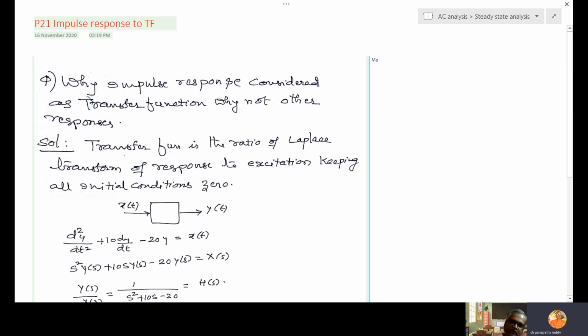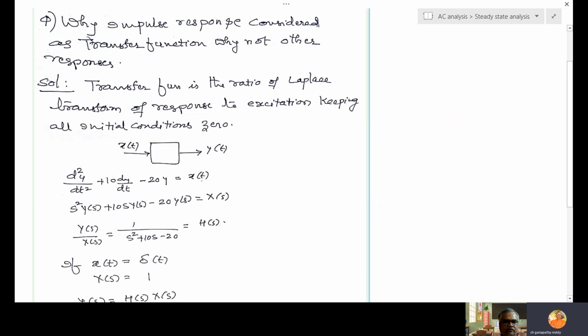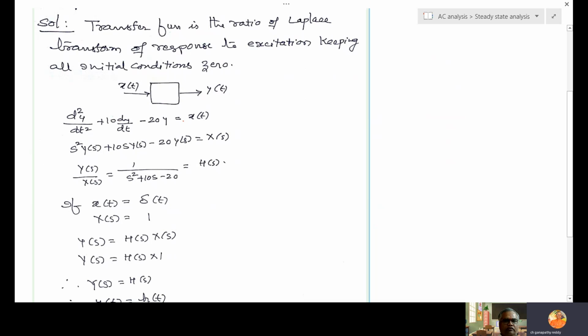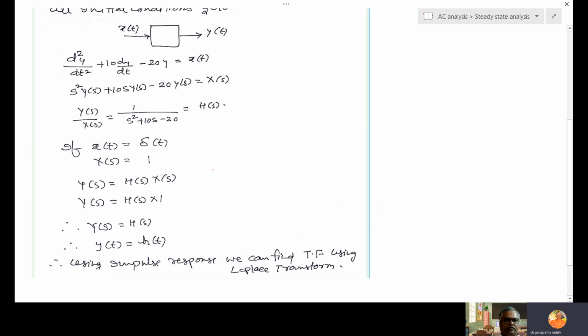Why not? The transfer function is the ratio of the Laplace transform of the response to the excitation, keeping all initial conditions 0. So x of t is the input and y of t is the output. This is a differential equation. Apply Laplace and take the ratio. This is H of s.